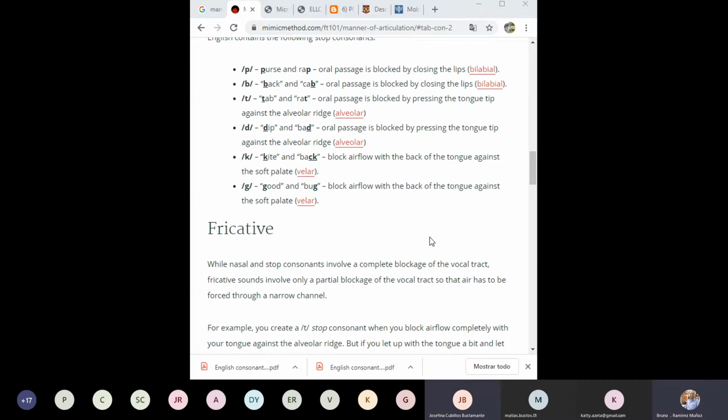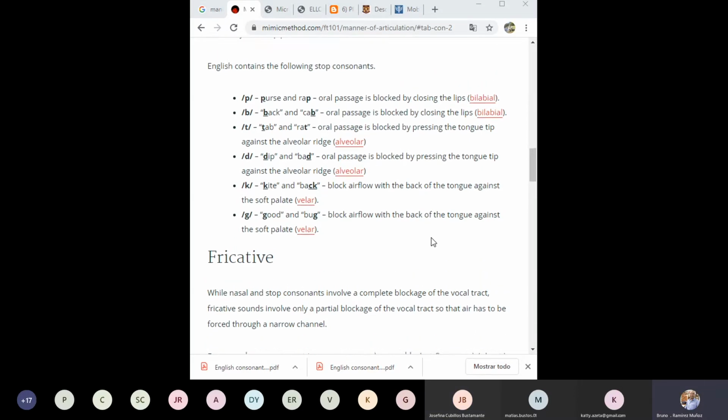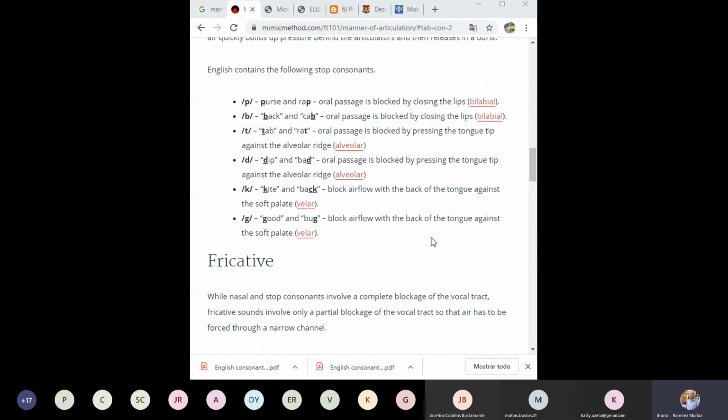Thank you so much, Josefina, for reading aloud. There are several words here that are very interesting. For example, oral passage that is blocked. A quick general comment, not just for Josefina but for all of you: whenever you read a symbol between slashes, remember you are reading a sound.